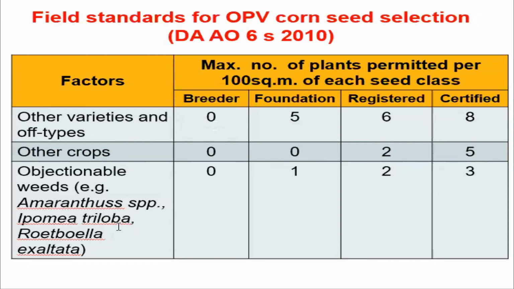For other impurities like weeds, amaranthus, and any weed seeds, the breeder should be 0, the foundation should be 1, the registered should be 2, and the certified should be 3. If you are going to follow those standards, you have these kinds of parameters on your selected breeder seeds if you are going to pursue seed production.